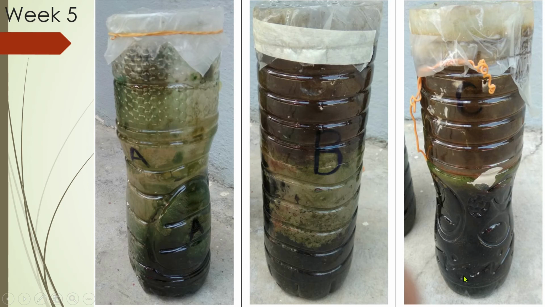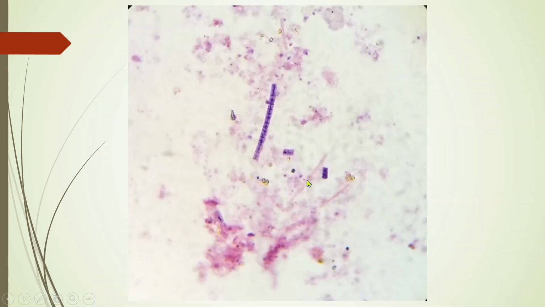Therefore, this one remains black because of the ferrous sulfide. This one becomes clear whitish because of the calcium sulfide. Under the microscope, some of the organisms you can see are sheathed and filamentous microorganisms together with some phototrophs, photosynthetic microorganisms.